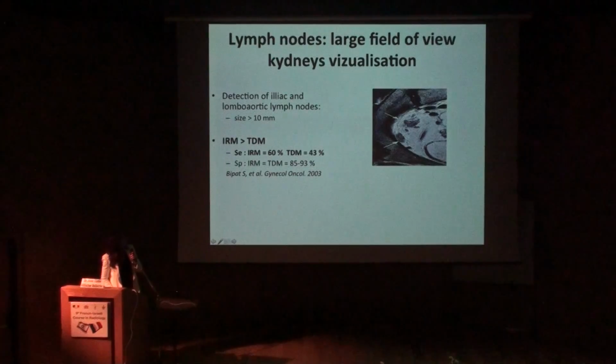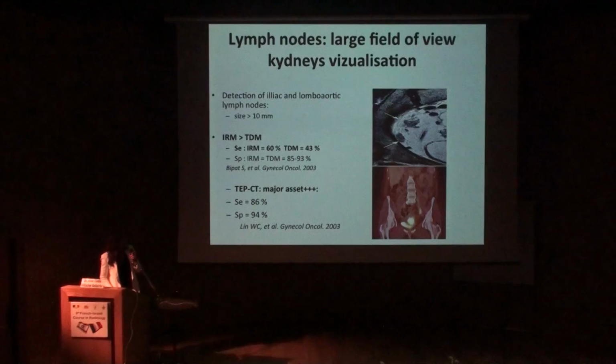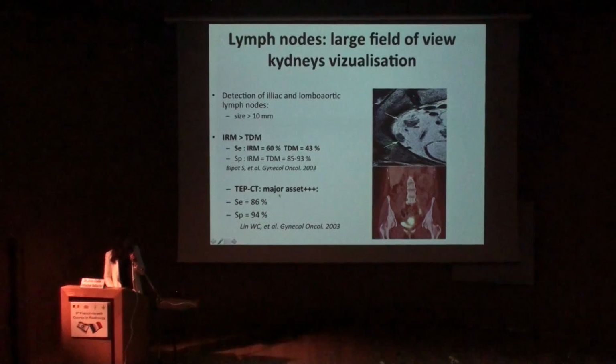Here you have an example. We know now that MRI has a better accuracy than CT concerning the lymph nodes, but it's still not so good. So the other imaging which is very useful to perform is the PET-CT. And you can see that there is extension, for example, here.